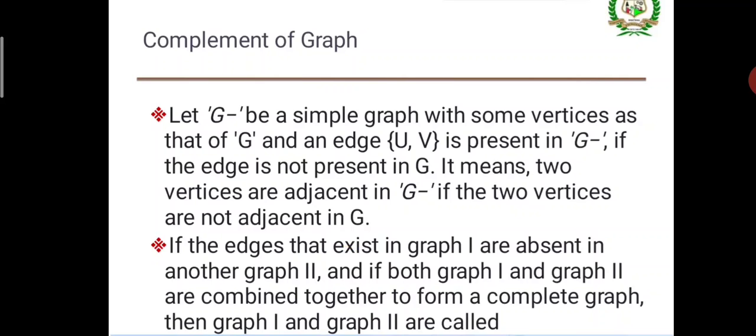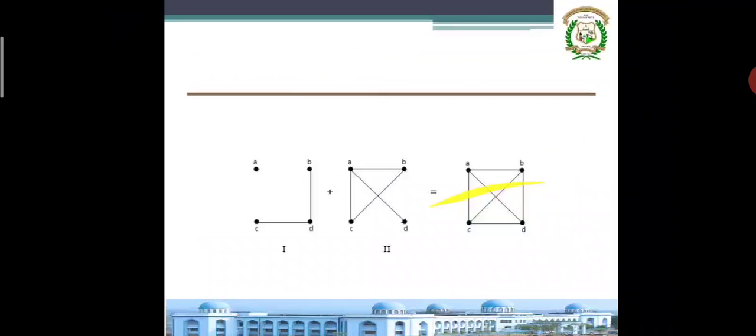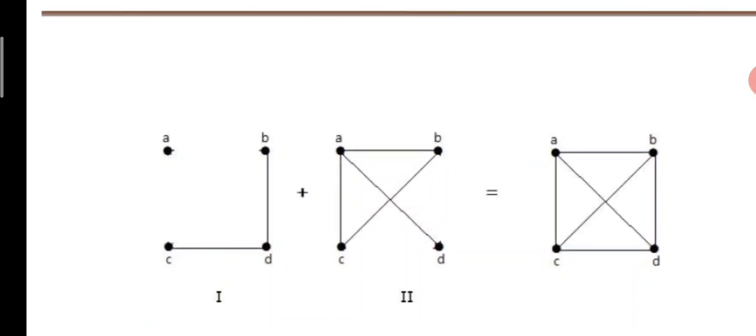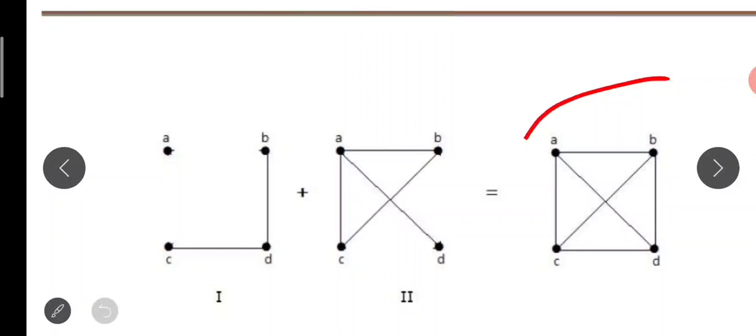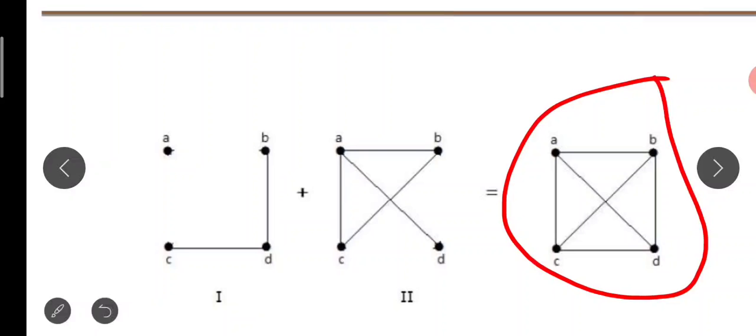What is a complement of a graph? Let G be a simple graph with some vertices as that of G dash. I will explain with an example so that you understand the concept very easily. Observe this graph. I call this a complete graph.